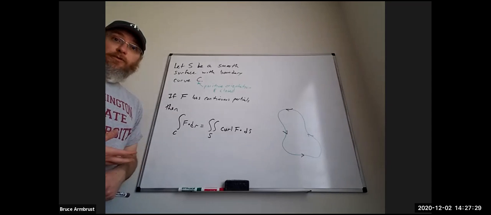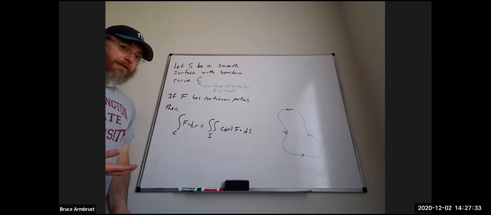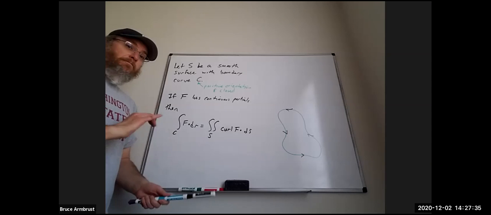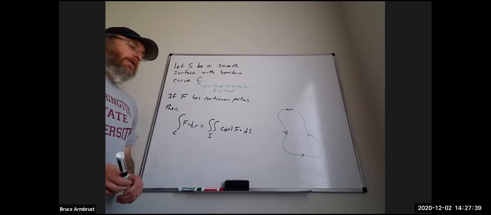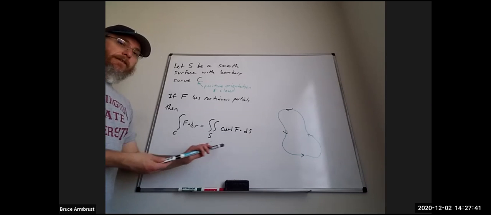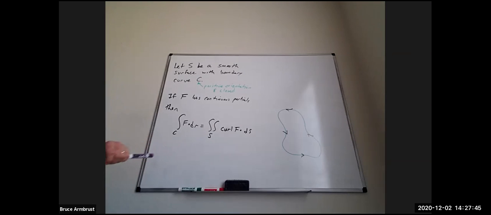I just want to show you how it's used so you can see the benefits of it and how we use it in both directions. Because this is another one where sometimes you want to do the line integral instead of the surface integral, and vice versa. All right. Okay, so in terms of an example, how about we try this guy?